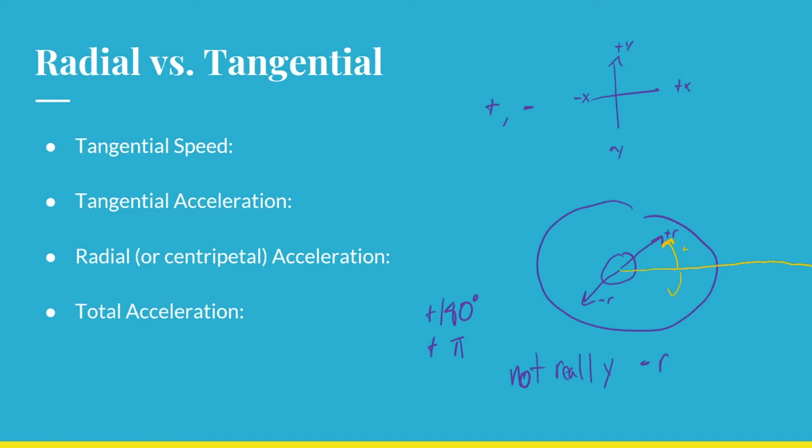Negative theta is going the other way. And as you can see, a positive theta can always be written as a negative theta or vice versa. So if something is right here, I could label it as negative 45 degrees or as positive, I don't know this off the top of my head, 325? No, 315 degrees.